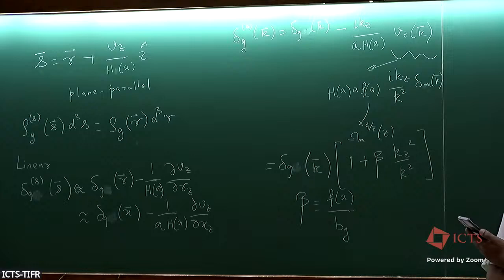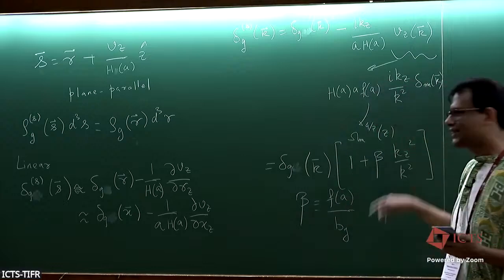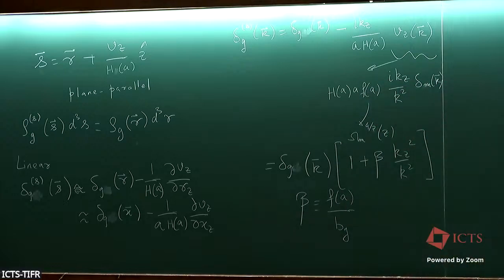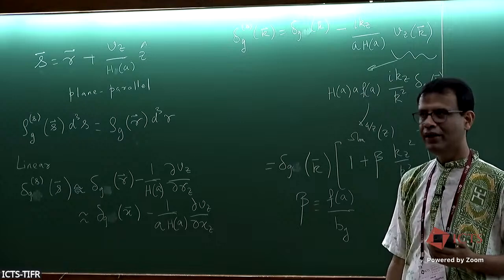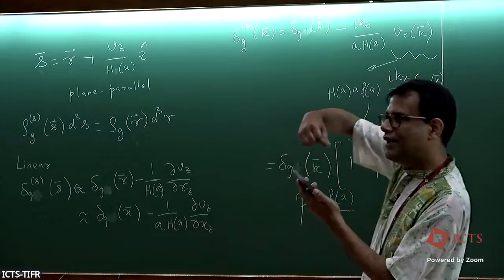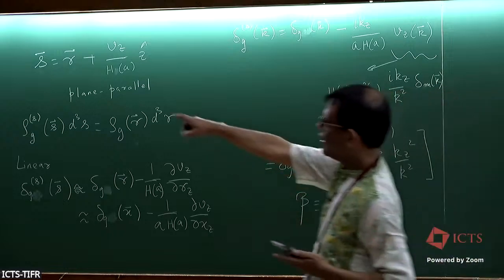You choose a combination where kz equals 0 and kx and ky combine to give you some k. In that case, delta gs of k will be delta g of k because kz is 0. You choose another kx, ky, kz combination which has the same k, but now kz is non-zero. As a result, kx, ky is smaller than earlier, and that will give you something else. So you will see there is a difference between what is happening in the transverse direction and what is happening in the line of sight direction.